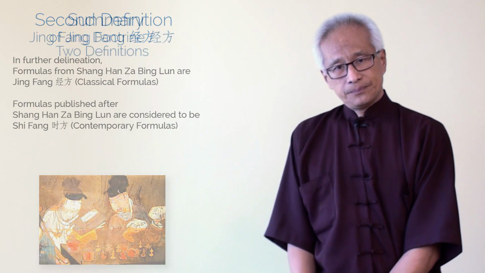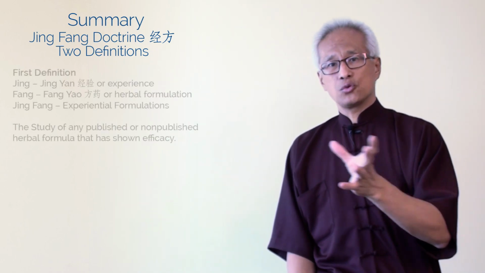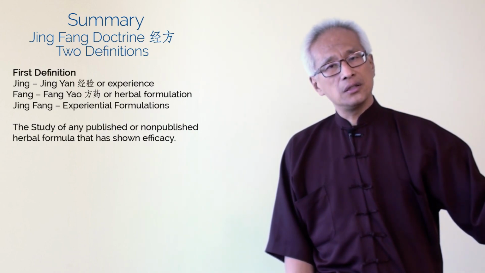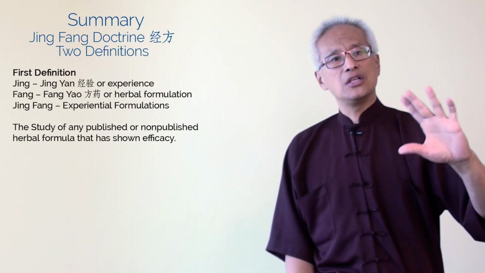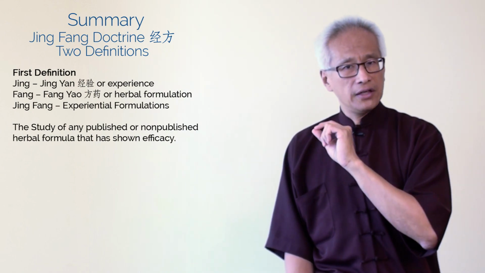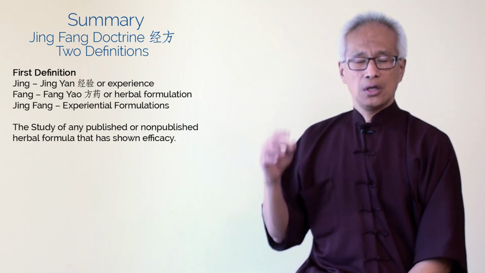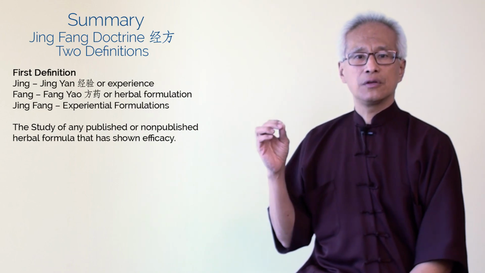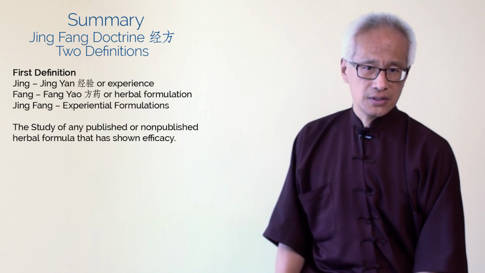Now, in summary, there are really two definitions. The first definition of Jingfang, sometimes we just call it Jin Yan Fang. Jin Yan Fang means experiential formulas. This is the study of published or non-published herbal formulas that have shown efficacy.